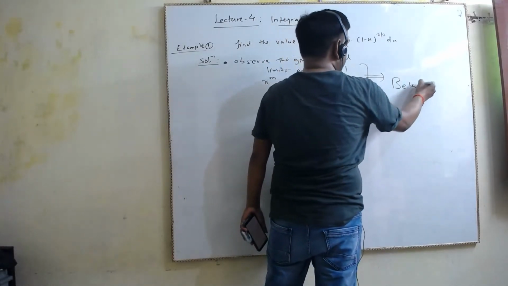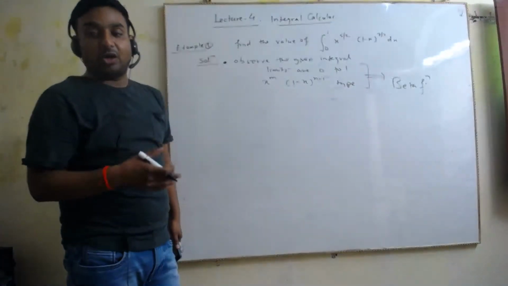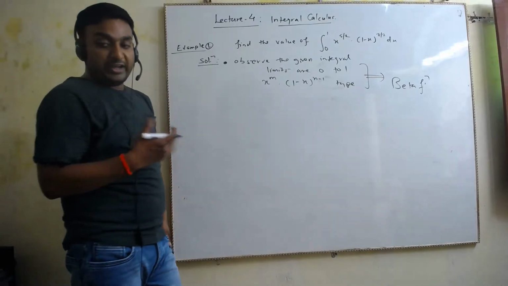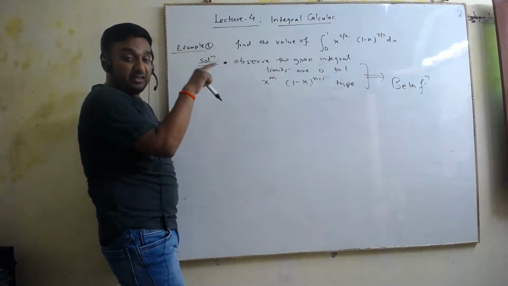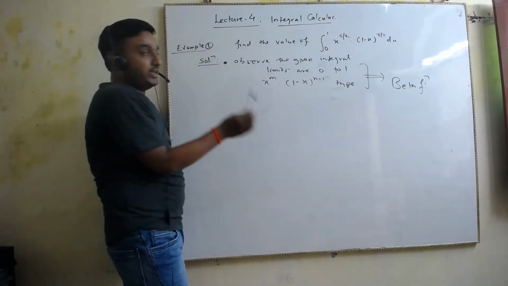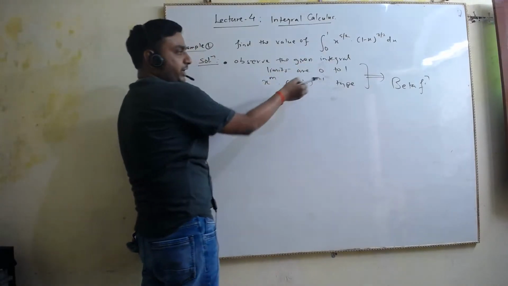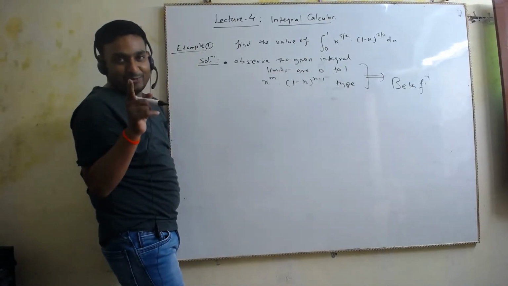Beta function. Fair? So in the exam hall or whenever you are practicing such integrations, how do you catch it? If the limit of integration is 0 to infinity and an exponential term is there, then you will move for the gamma function. If limits are 0 to 1 and the integrand is like this, then you will go with the help of the beta function. I hope it will be clear.